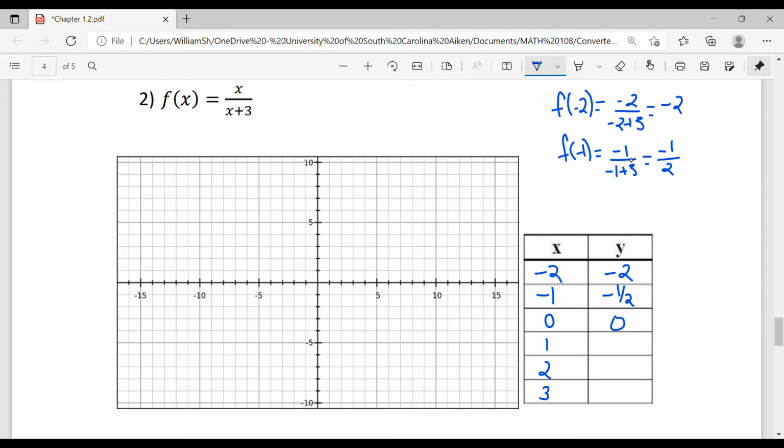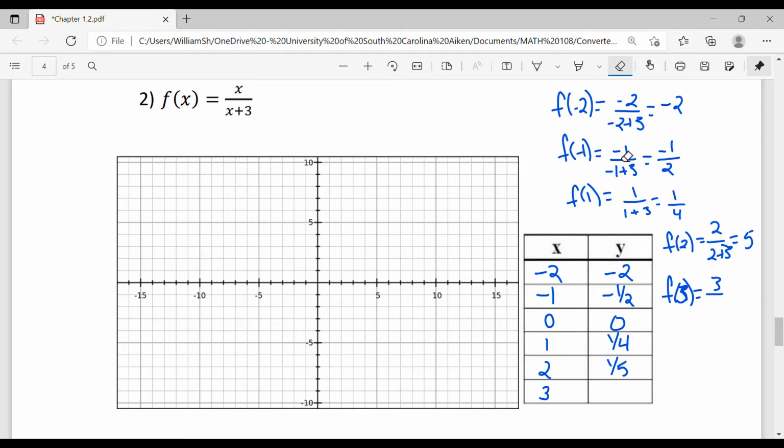If I plug in a 1 here, f of 1 equals 1 over 1 plus 3, which is a 4th. If I plug in f of 2, I get 2 over 2 plus 3, which is a 5th. Sorry guys, my handwriting's not the greatest in the world. And if I plug a 3 in here, I get 3 over, oops, I messed up the last one, didn't I?